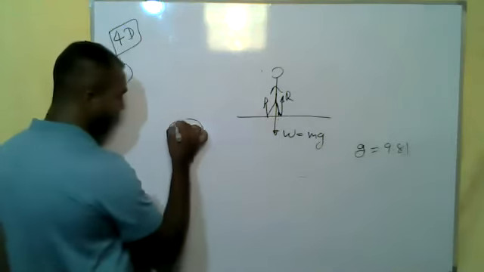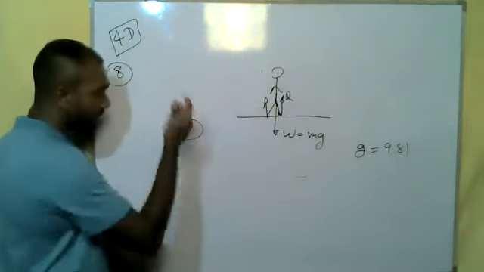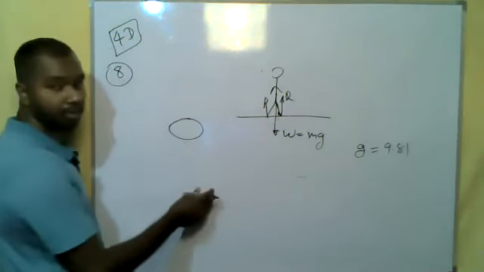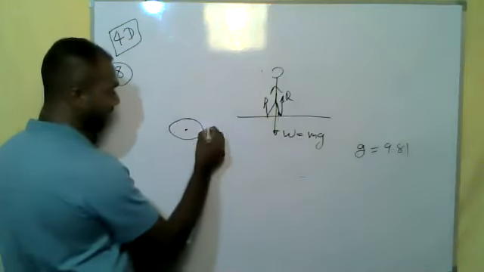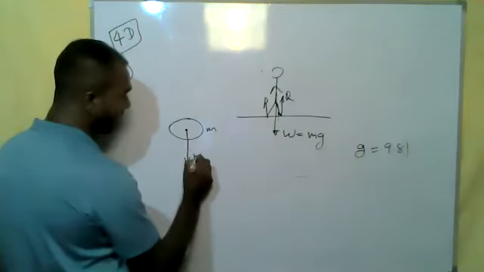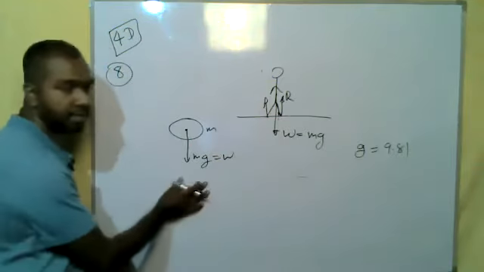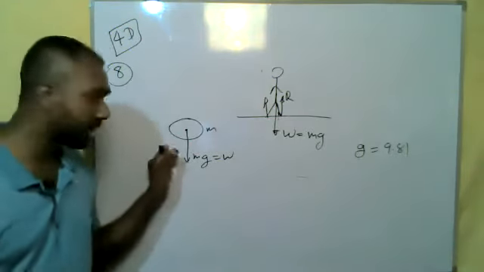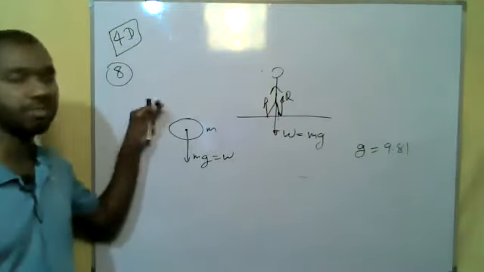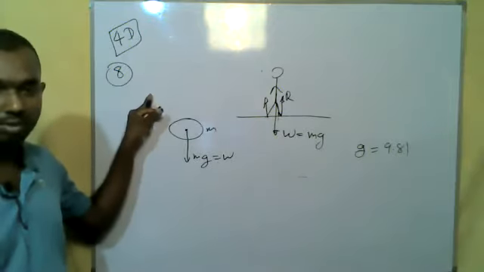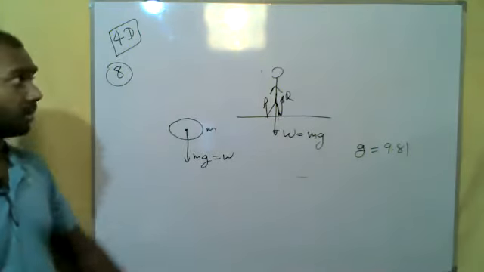So in a situation where a pebble is thrown upward, what are the forces acting upon it? It also has a mass, so mass times the gravitational acceleration, mg. So we call it the weight. Weight is the one force acting on this, and there are no other forces if we are told to neglect the air resistance.